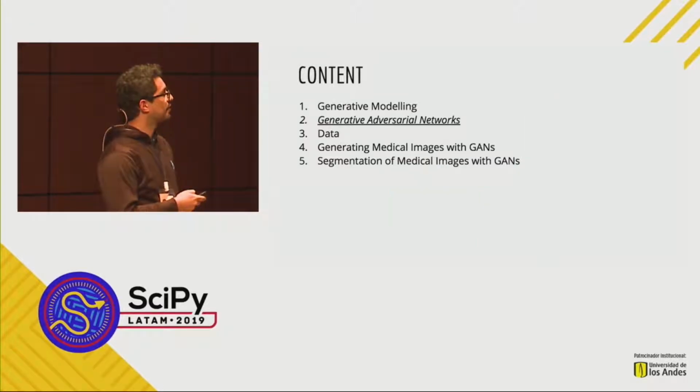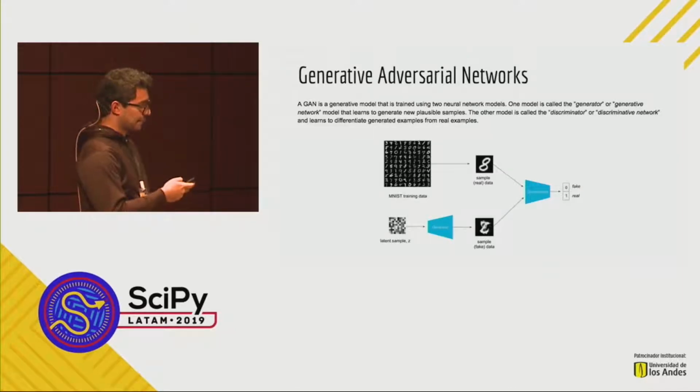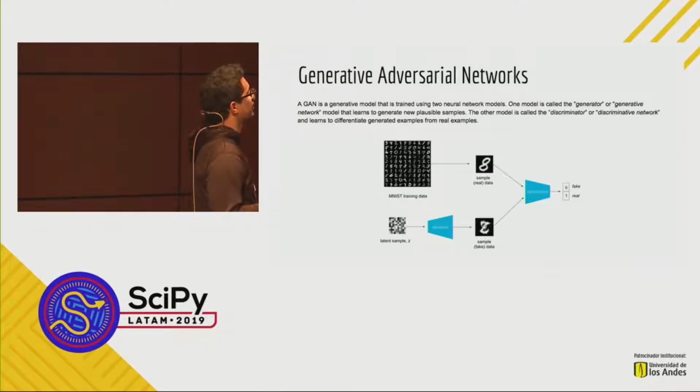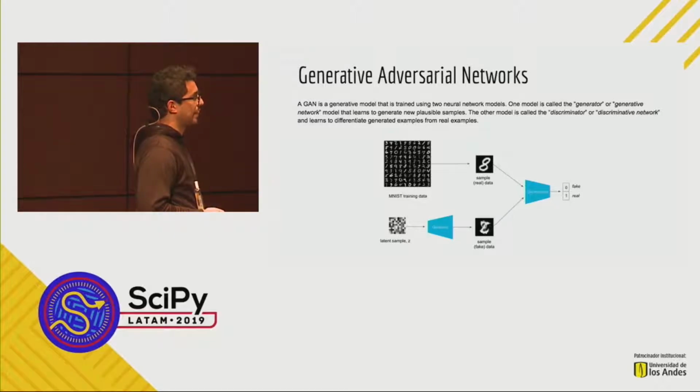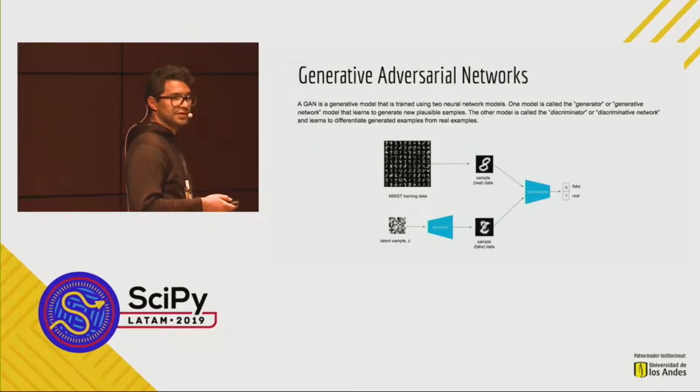Now I would like to explain what a generative adversarial network is. This is a GAN in a nutshell, okay? We have two models. We have a generator that tries to imitate the distribution of the training samples, and we have a discriminator that tries to decide if the input comes from a real training sample or is actually a fake sample.